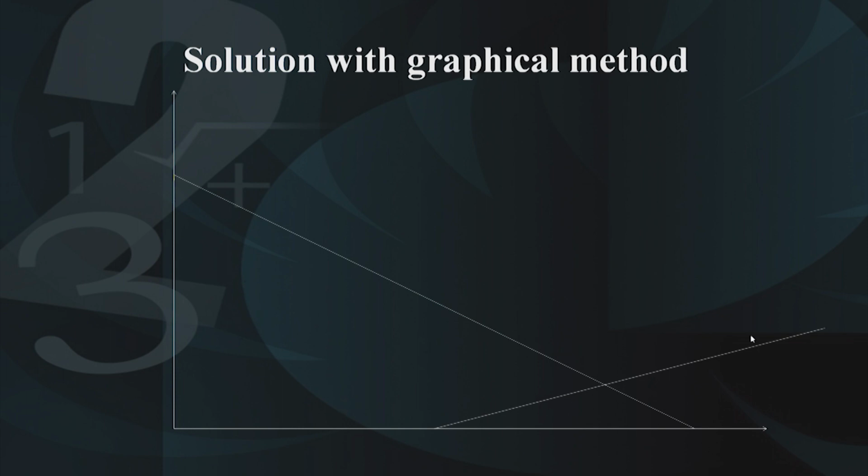This is the first constraint and this is the second constraint, and now we have to decide out of all these 4 regions which is the feasible domain corresponding to the problem, and this is known by substituting the origin into the constraints. You can see that this region is the region of interest. This is highlighted by these bold lines.